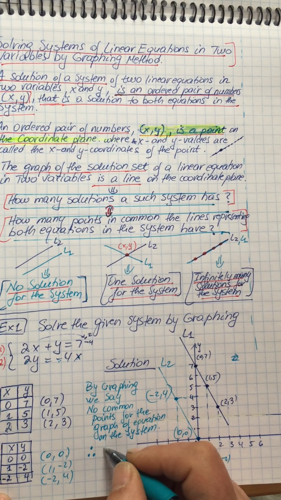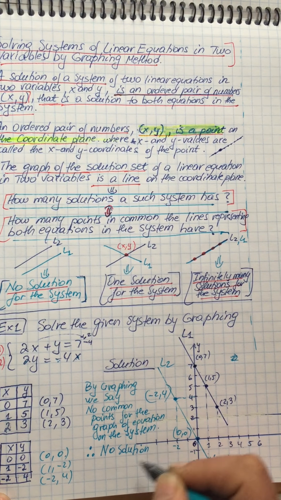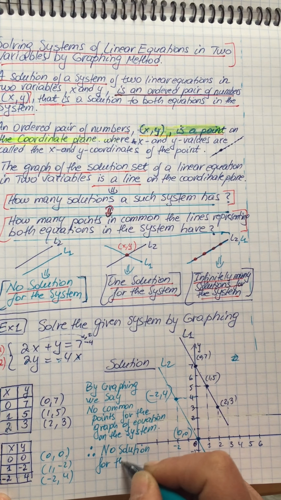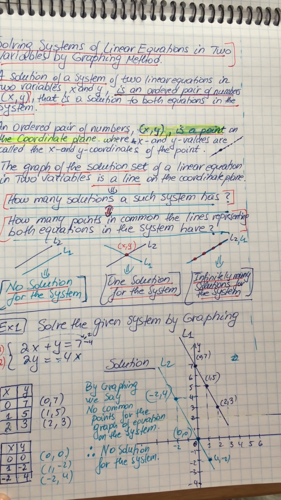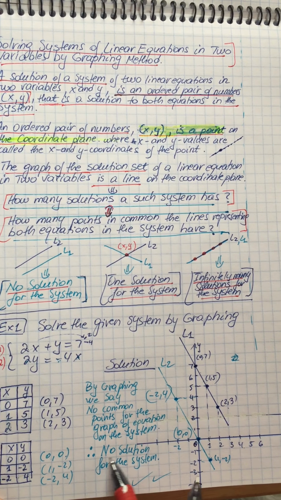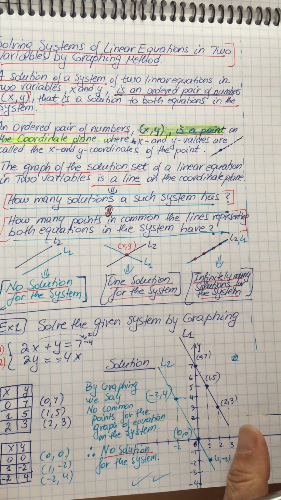Therefore, no solution for the system. That's it. So the first system does not have a solution, and this happens often.